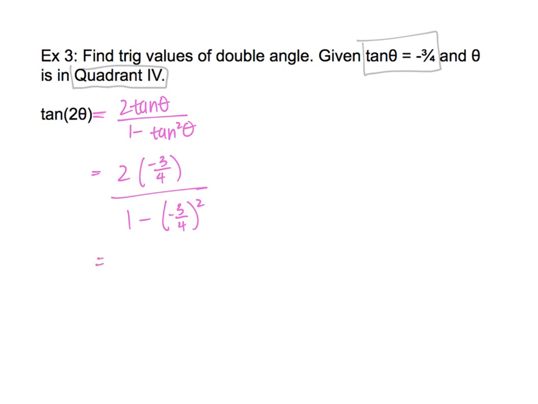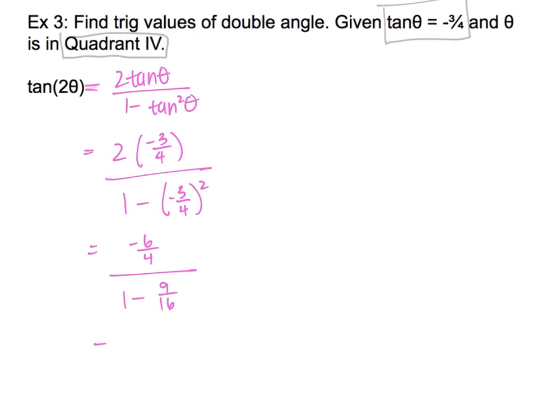From here, I'm just going to simplify. Like the top here, I've just multiplied this 2 with the -3 to get -6/4. And then the bottom here, I would square this fraction. So -3 squared gives me a +9. If I square the bottom, I get 4 squared, which is 16. Maybe reduce this a bit before I keep going.